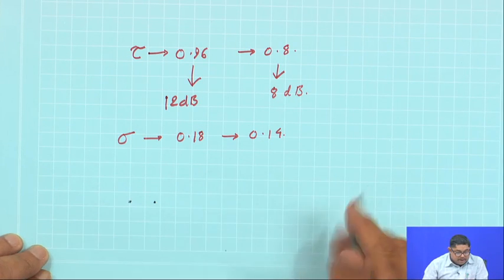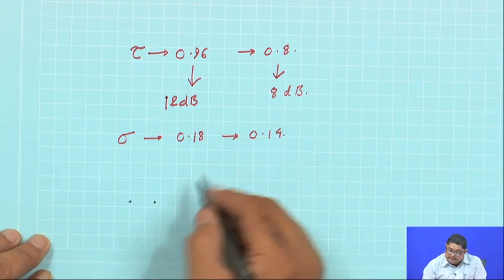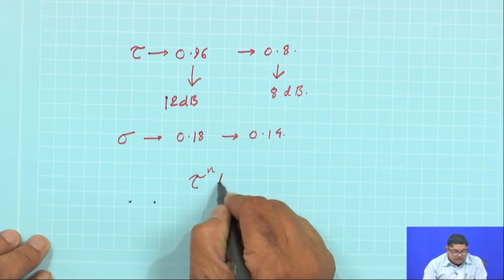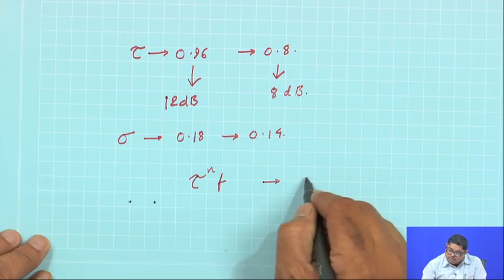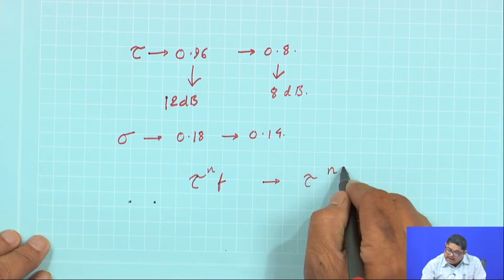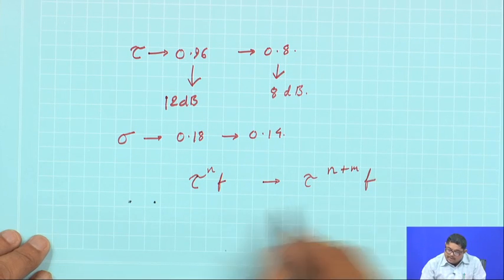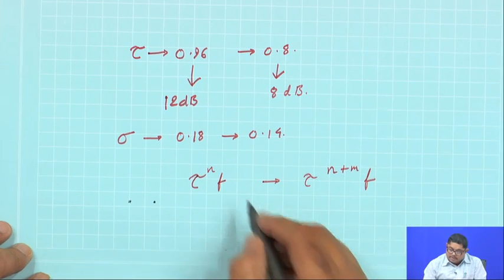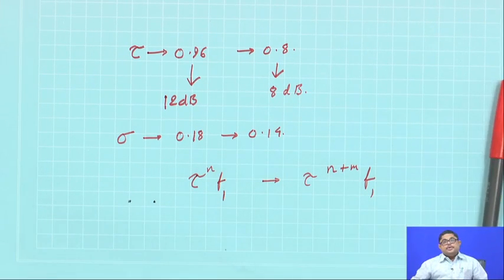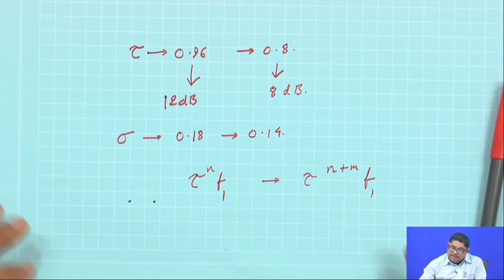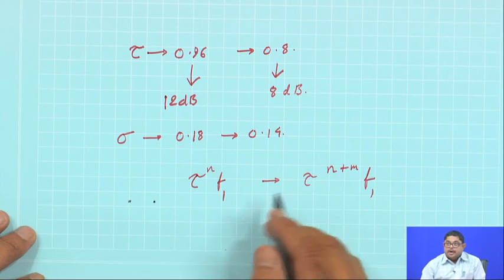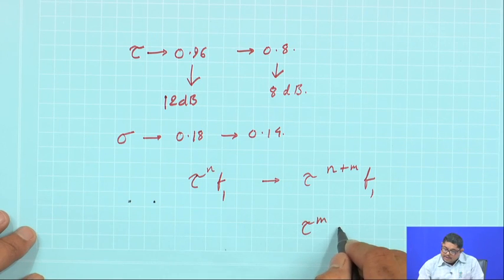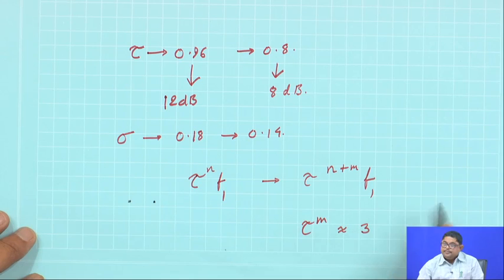As I said, after truncation you can have frequencies from f1 to tau to the power of some other n plus m f1. So, these are the highest and lowest frequency components. This ratio typically you can get as 3:1, that means tau to the m is of the order of 3.